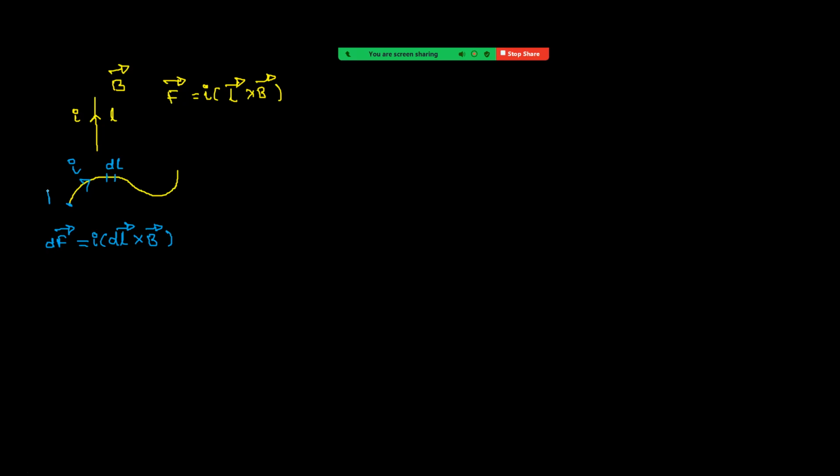Let us say this is point A and this end is B. From A to B, we have to consider all elements. So the total force is F bar equal to the integration of I into dl bar cross B bar.